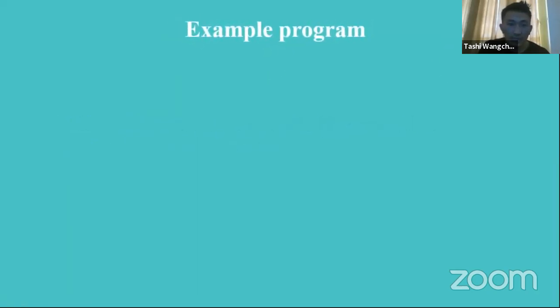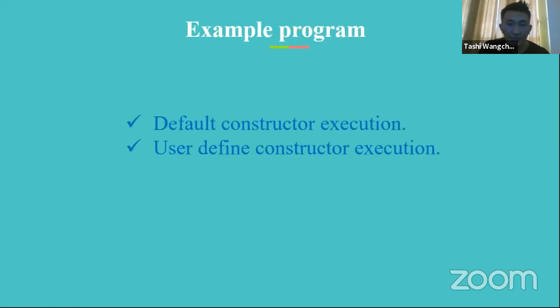Now, coming next, I want to show some example programs based on default constructor execution and user-defined constructor execution. I want to start with the default constructor execution, so let's move on to some practicals.